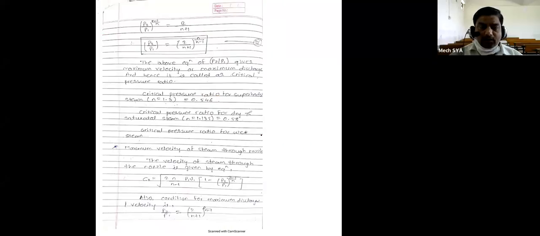Now what have we done here? P2 upon P1 raised to minus, I will take minus common, (n minus 1) upon n, is equal to (n plus 1) divided by 2.